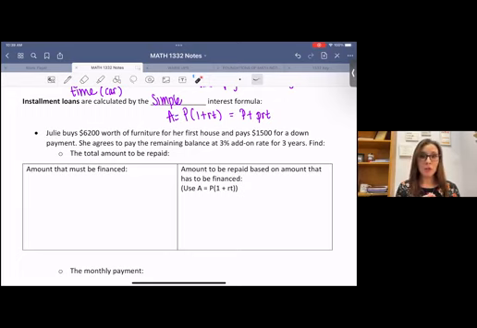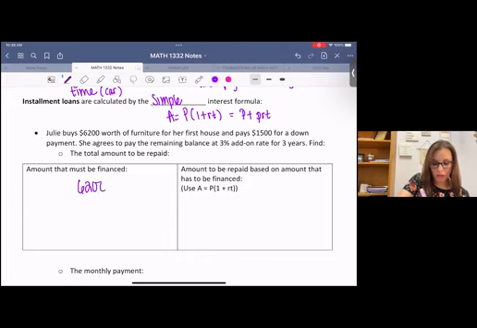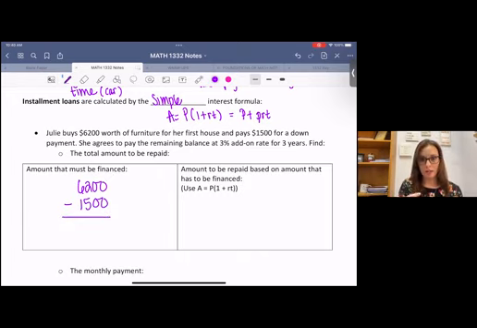So first of all, this is an installment loan because it is a one-time purchase. She's purchased a set amount and then she's just going to pay it off over time. Once it's paid off, it's hers and it's done. So we need to figure out how much is being financed. In order to do that, we're going to take the amount of the furniture and subtract the down payment, because she's borrowing less what she put down.